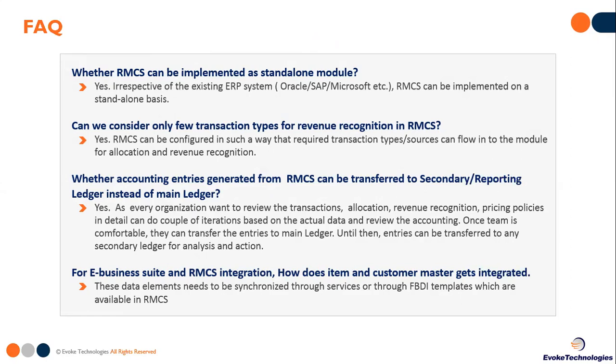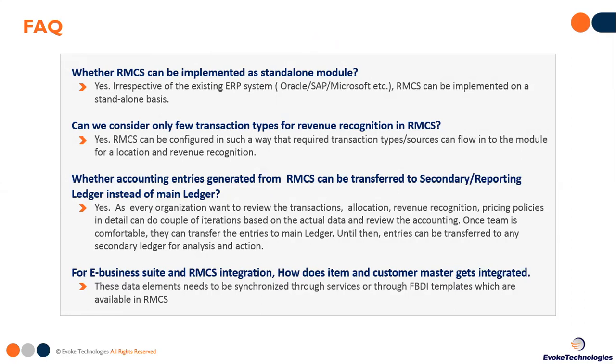And the next question is, for E-Business Suite and RMCS integration, how do the item and customer master get integrated? As we know, E-Business Suite runs on a different application and RMCS is on the cloud. So when we try to integrate, these two elements, the item master and the customer master, should be synced for the contract to flow.